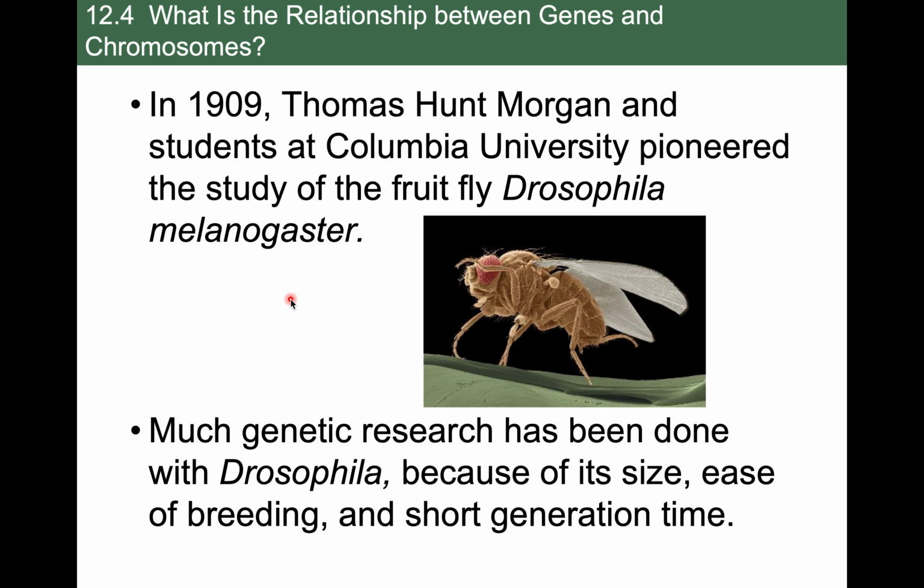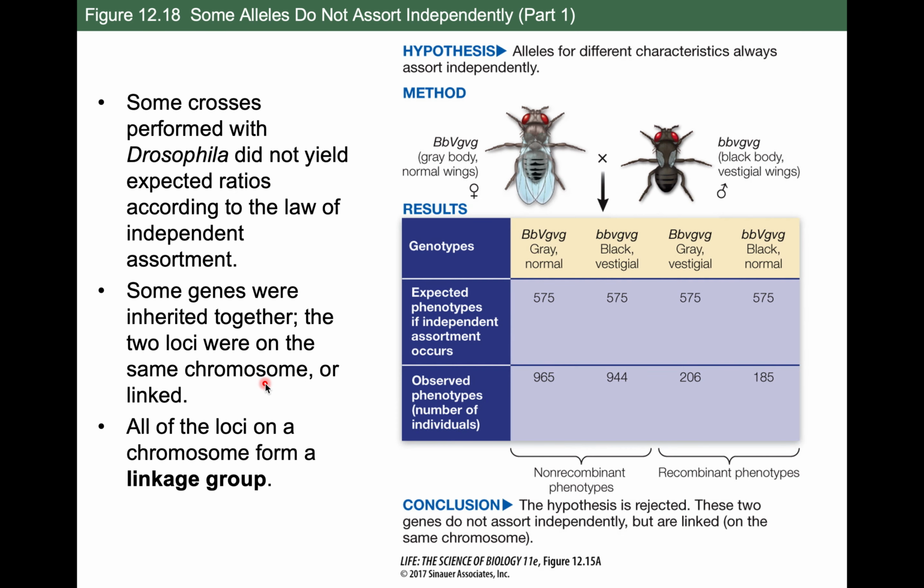So if you're doing genetics, you want to be able to look at, okay, what happens if I cross these 2 organisms together? What do their offspring look like? And you don't want to have to wait months and months and months to get the answer, right? If you can wait a week instead or a few days, that's ideal. And fruit flies are tiny, so you can have tons of them in one lab. So they have been very well studied.